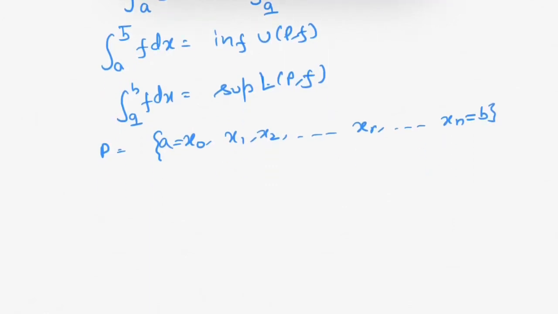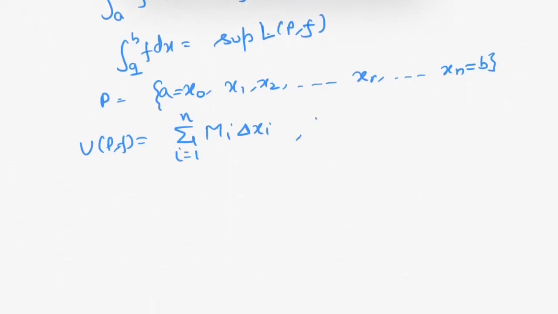Then our upper Riemann sum U(P, f) will be the summation of capital Mi delta xi, where i is running from 1 to n. Here capital Mi is the supremum of the function f(x) in the ith subinterval.